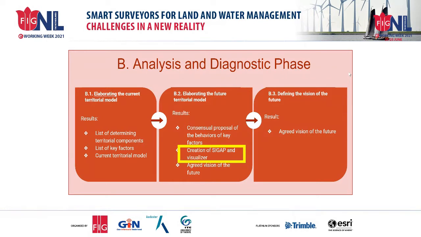For that, we should identify, which is really hard work, the real key factors, the ones that really determine the territorial components and the behavior of that territory, of that region. There are different ways of doing this in order to arrive at that current territorial model.